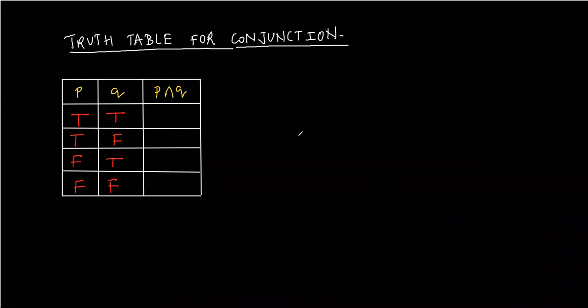Write two T's and two F's under P, T T F F, and then for Q you write T F T F, one T, one F, one T, one F. Now this will assure you that you do not have any combination left. So always follow this: T T F F, T F T F.